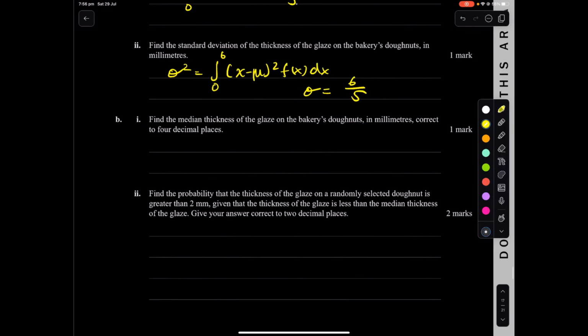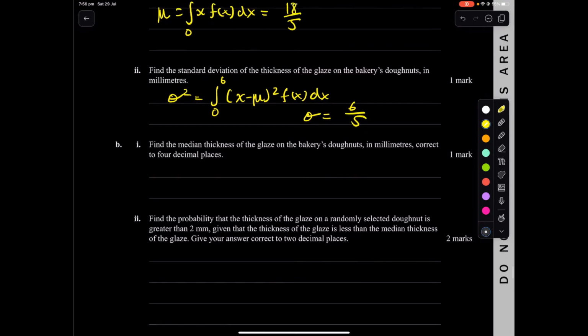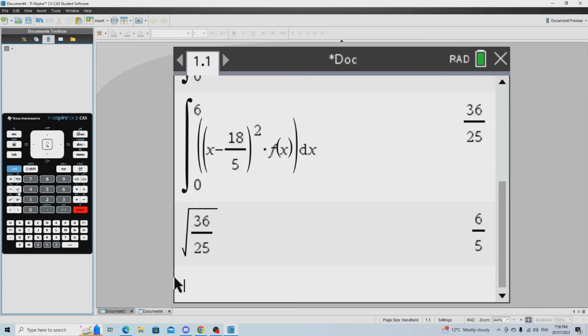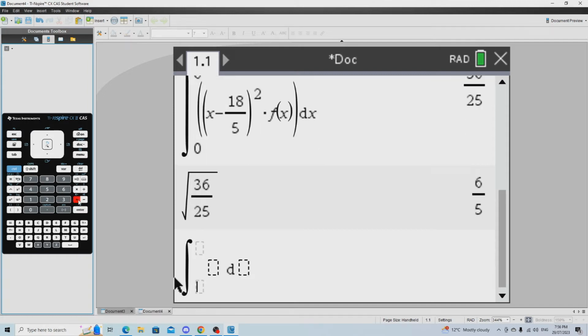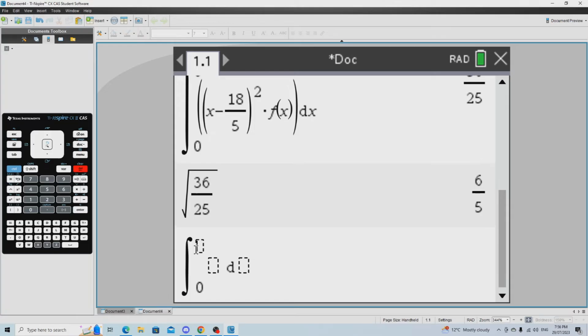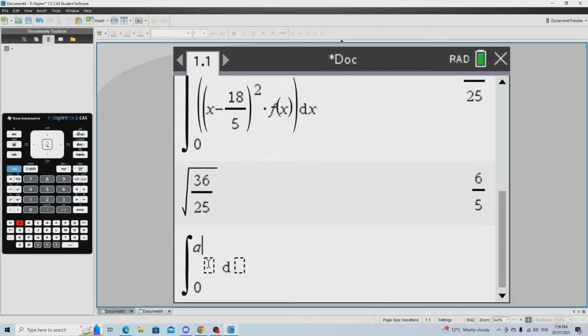Find the median thickness of the glazed donut in millimeters. Okay, so we're saying the integral from 0 to x, which is your median, of the function f of x dx should equal half. Oh, not x, that's not x. Let's say a value of a. Let me just take that out and put a.